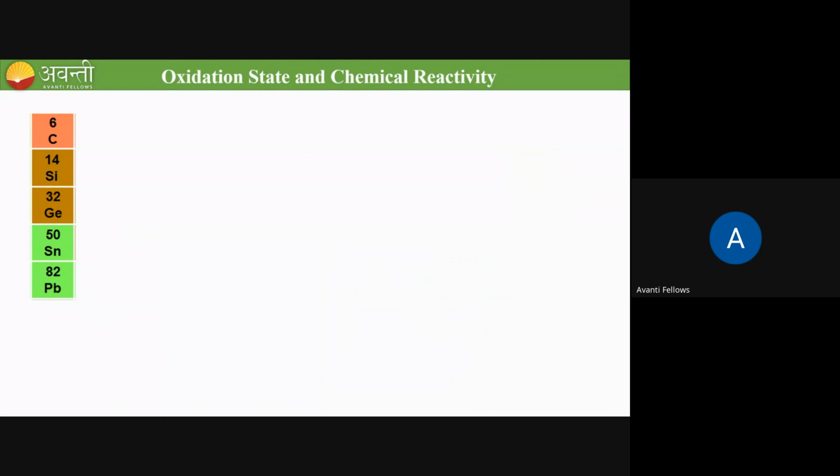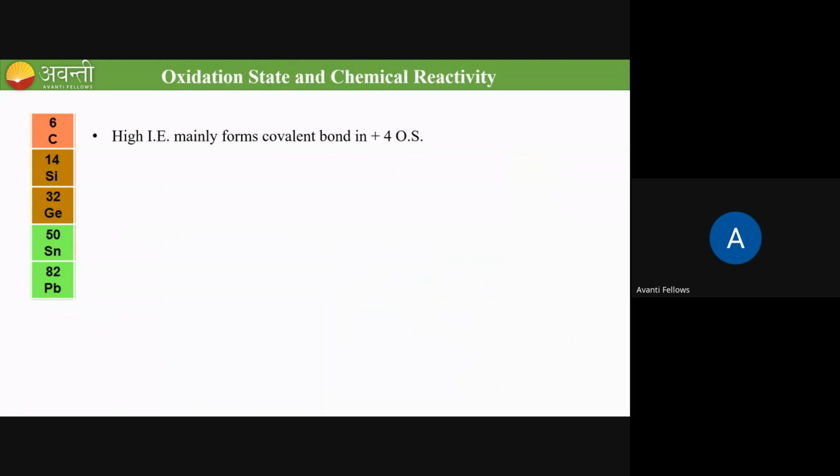It always forms covalent bonds. Because of its highest ionization energy, it forms only covalent bonds in the +4 oxidation state. So the valency of carbon is 4, right? It will not give its electrons mostly. It always tries to share its electrons and forms covalent bonds. And in some cases, it forms the +4 oxidation state.